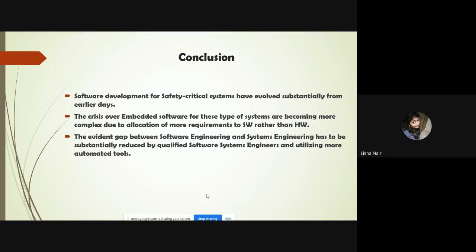It's better to be qualified as a software systems engineer than just saying I'm a software engineer. Having knowledge of the system and working on the software will bring the right system into the industry. Using appropriate automation tools, we can build the right system.